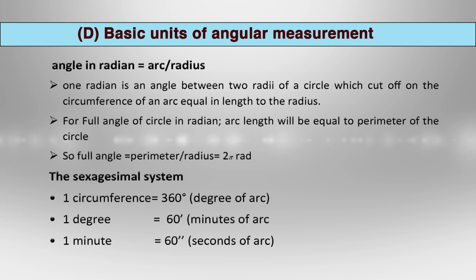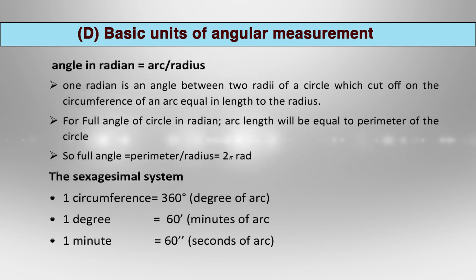If we are saying that angle is 1 radian, so 1 is equal to arc by radius, means arc will be equal to radius. So we can define 1 radian as angle between two radii of a circle which cut off on the circumference an arc equal in length to the radius.